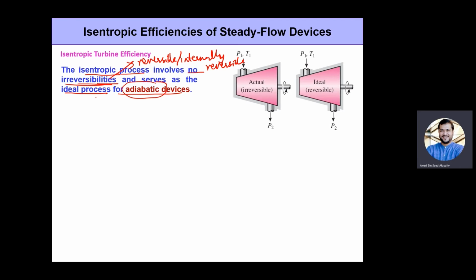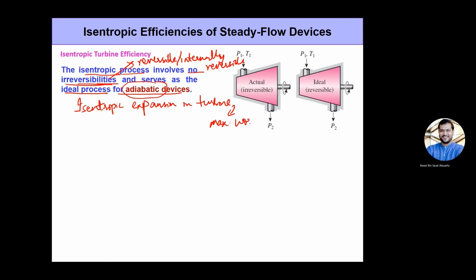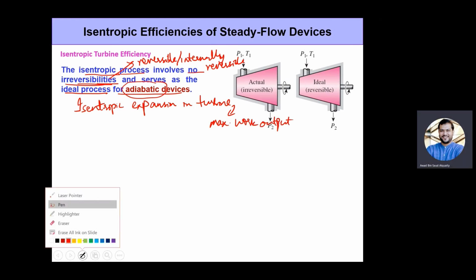Now, in terms of the isentropic turbine efficiency, as we already mentioned, if any substance undergoes an isentropic expansion within the turbine, it's going to give us the maximum possible work output for the given set of pressures that we are considering, right?